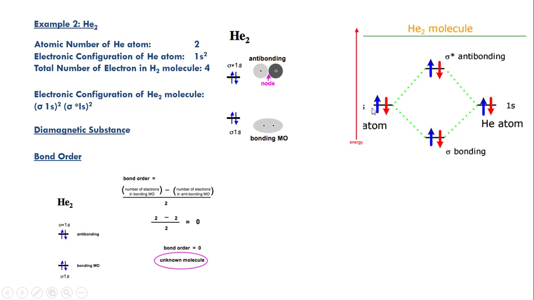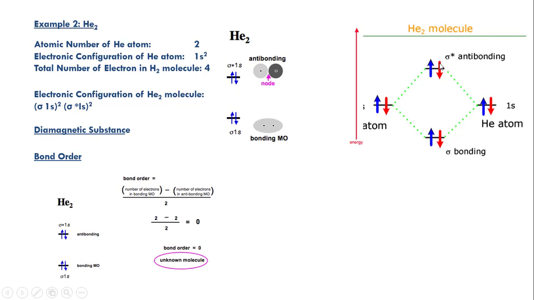These 4 electrons distribute in the bonding and anti-bonding molecular orbitals as shown here, with electrons entering the sigma bonding orbital and the sigma star anti-bonding molecular orbital.